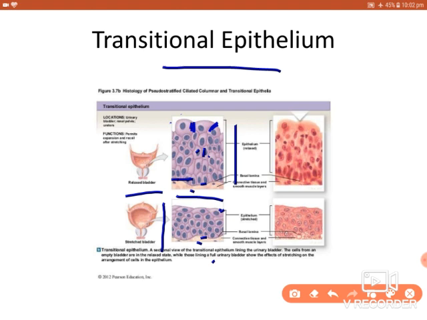Also, the cytoplasm contains glycoproteins called uroplakins, which form urothelial plaques over the surface of the cells. These act as a urinary barrier.